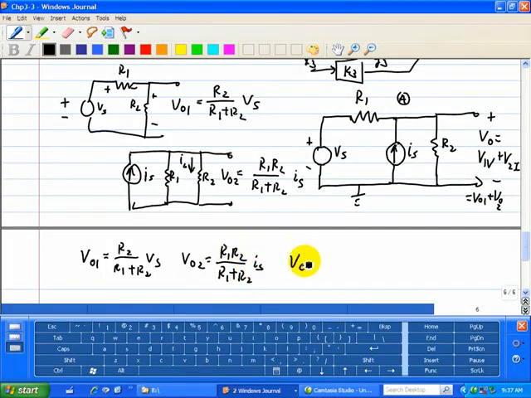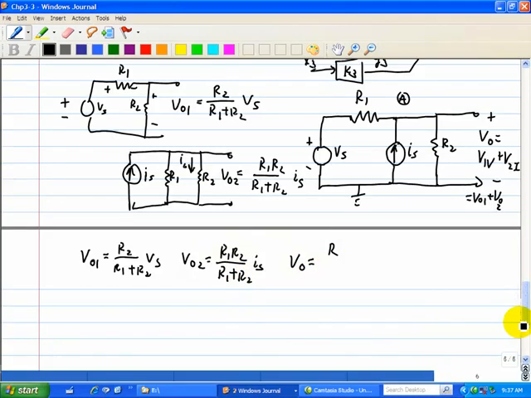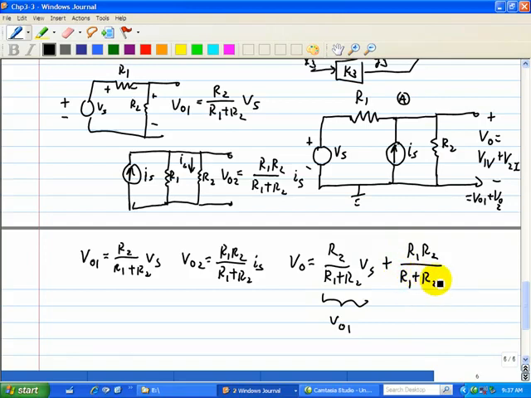Adding those outputs, we have R2 over R1 plus R2 VS, this is due to VO1, plus R1 R2 over R1 plus R2 IS, and that's due to VO2.